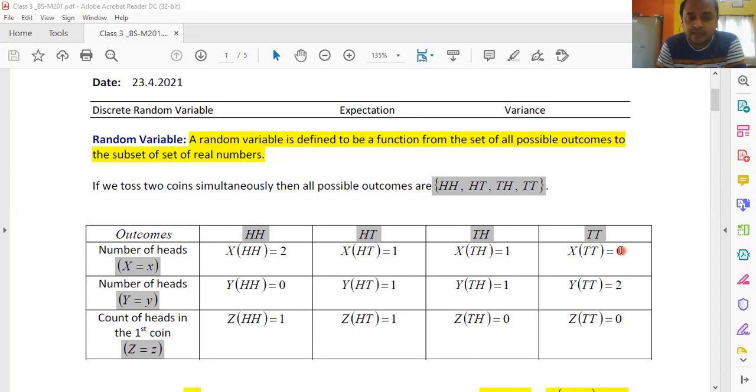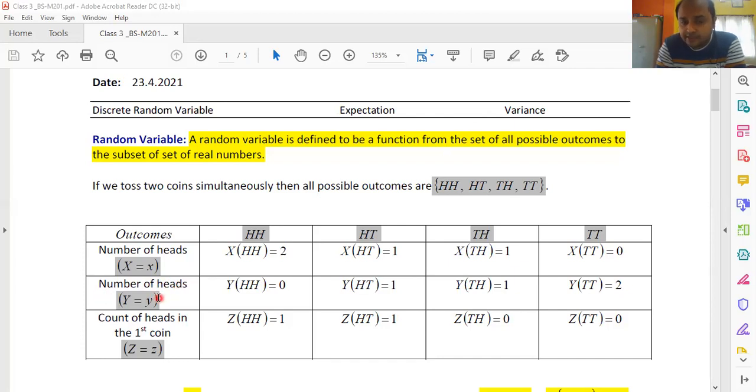Similarly, another person can define another variable capital Y, which, sorry, there is a mistake. Just note it down: it is not number of heads, it should be number of tails. Before submitting the note, I shall rectify this particular thing.